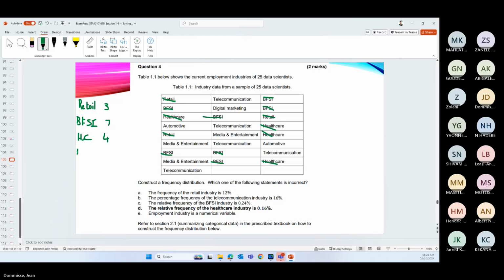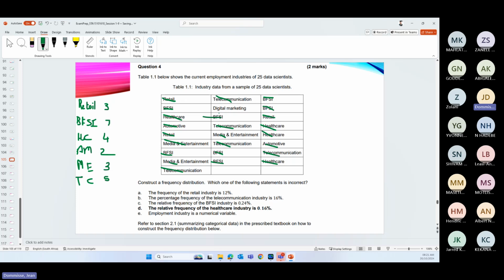Then automotive. 1, 2. Okay, we'll pick up if anything is not there. Media and entertainment. 1, 2, 3. What else? Telecommunication. 1, 2, 3, 4, 5.